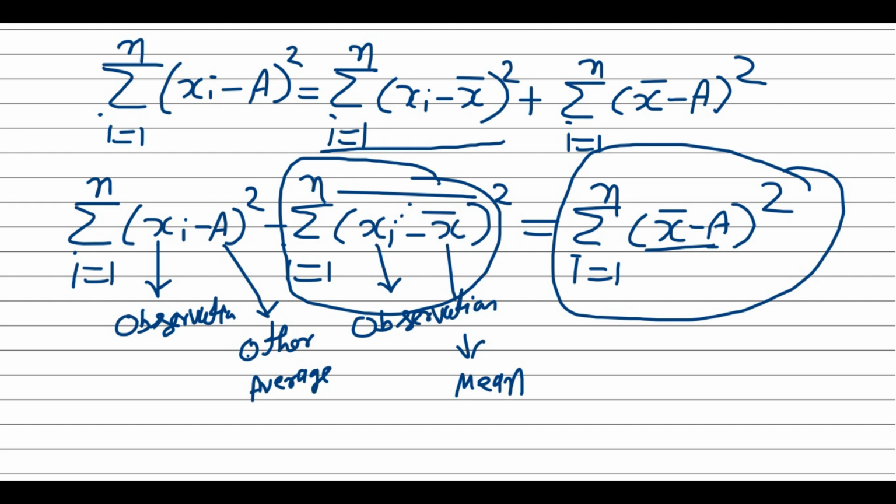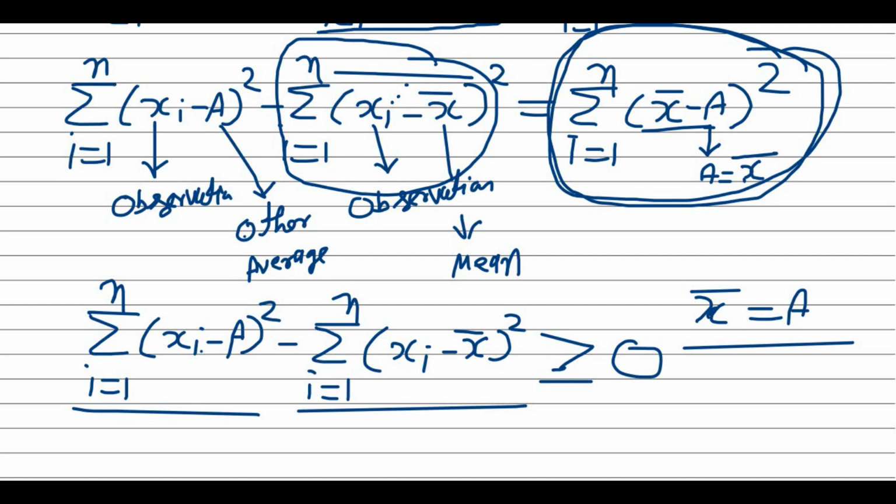Even when it would be equal, you can see that if the value of a is equal to x bar, then that term would be 0. That means both terms would be equal. Now you can see that I have written here that this is greater than this term, so that would be greater than or equal to 0.